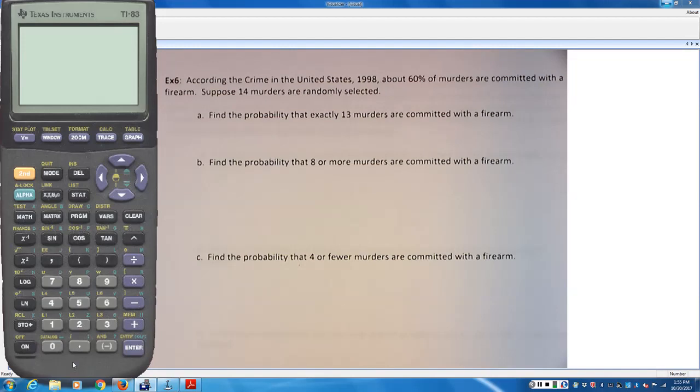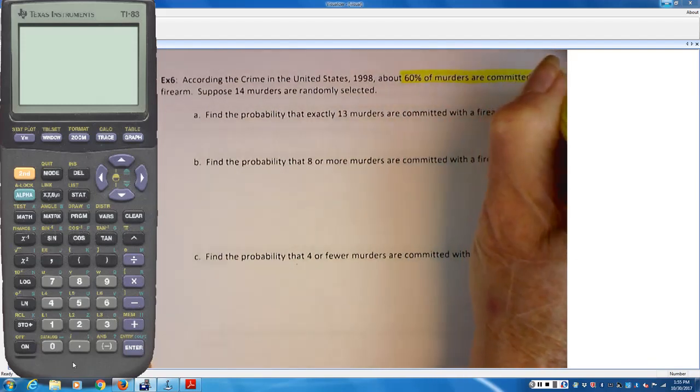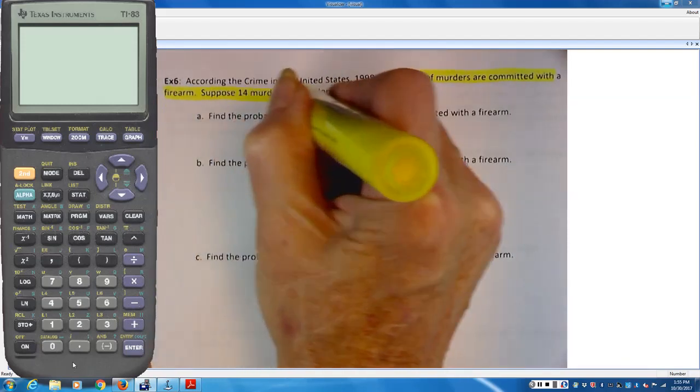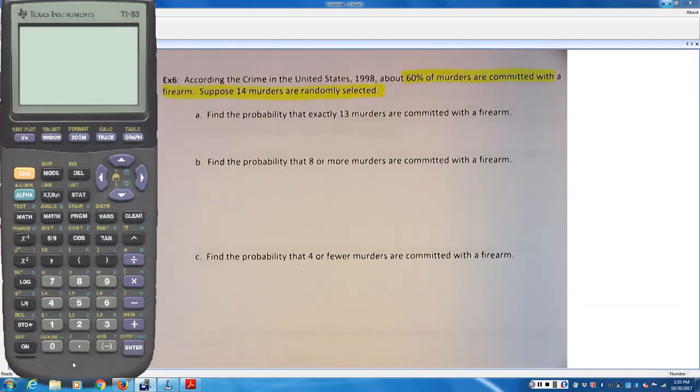Okay, so we're looking at example 6. Example 6 says, according to crime in the United States, 1998, about 60% of murders are committed with a firearm. So suppose we went into the crime statistics and we randomly selected 14 murders, knowing that 60% of those are committed with a handgun.